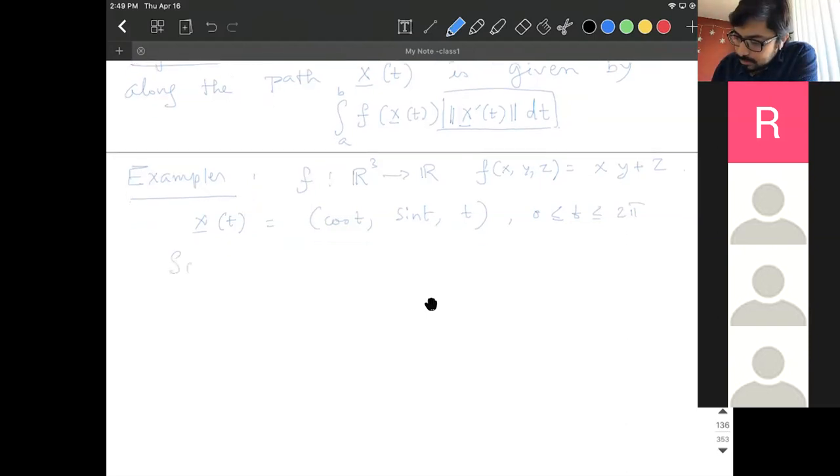Okay, so the scalar line integral is integral from a to b of f of x(t), the definition. Now what is f of x(t)?